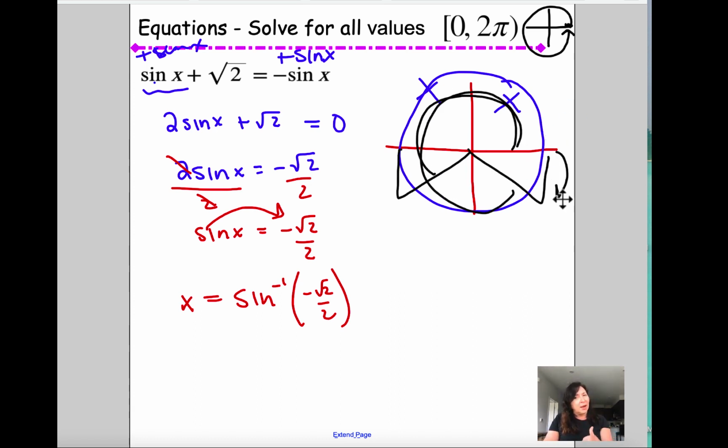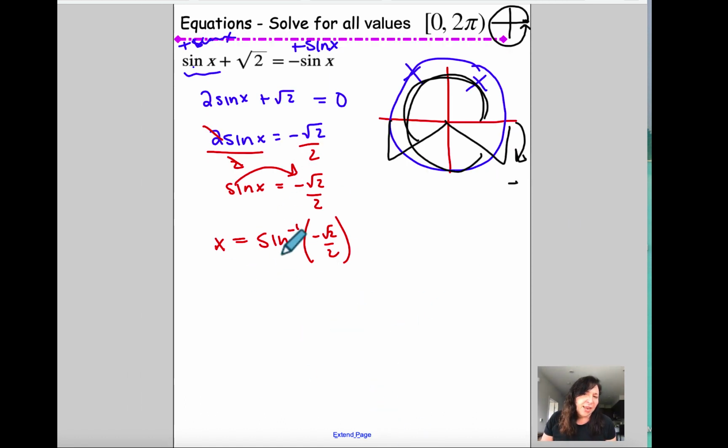Do not drop down. We're not using the restricted domain, because that would be a negative value, right? Do not do that, and I'll show you in a second on another option. But this is saying, where is sine negative root 2 over 2? And so within 0 to 2 pi, it would be 1 and a fourth. So you know that that's a fourth, pi over 4.